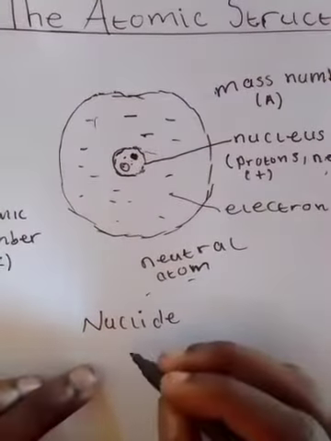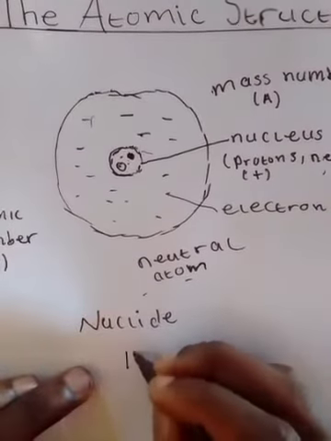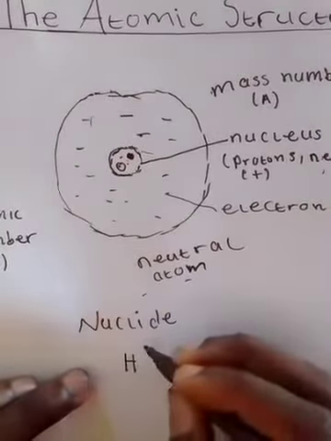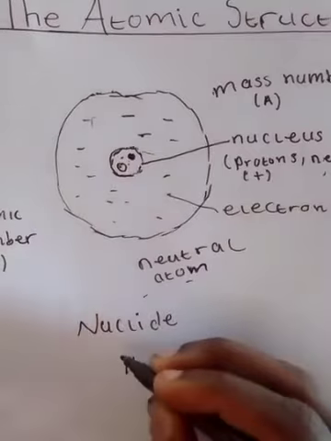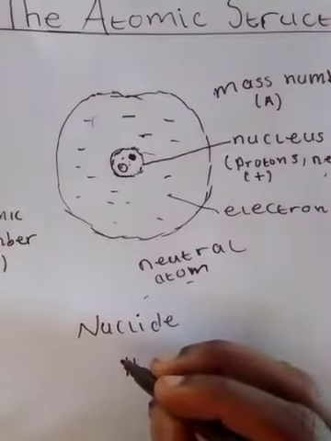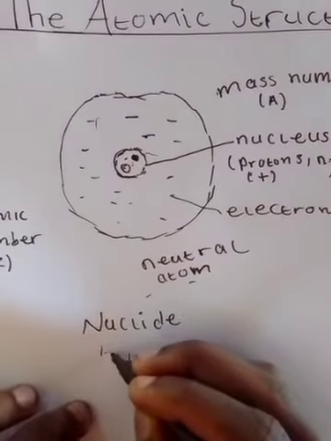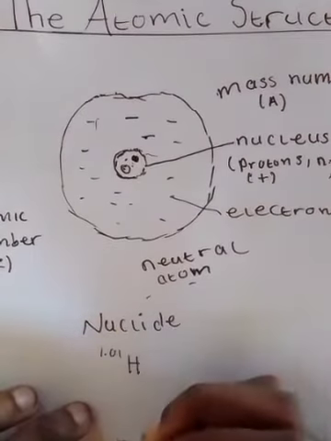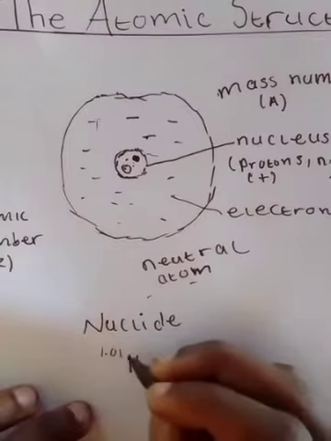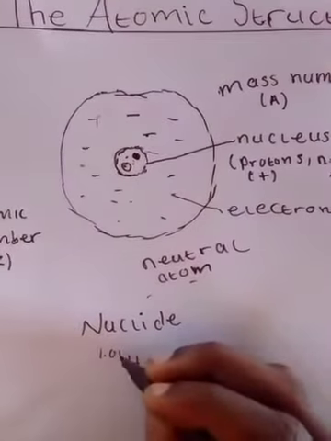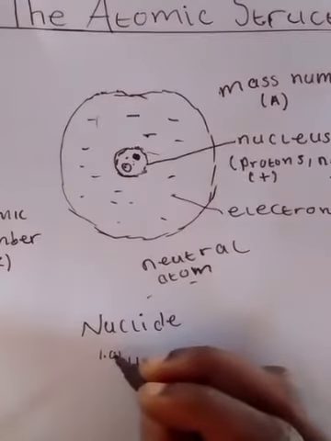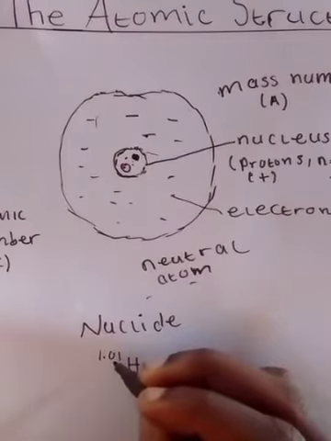We have hydrogen. So now hydrogen, we know that hydrogen has got the mass number of 1.01, right? Okay, here at the top is what I was calling the superscript. Superscript is on the top part, and then the subscript written like this.